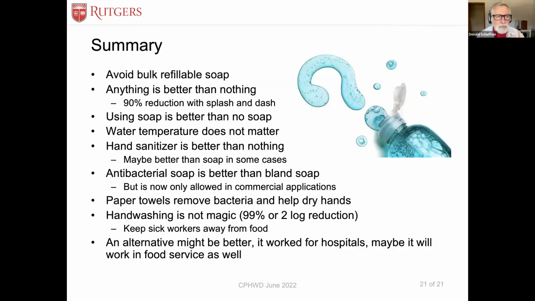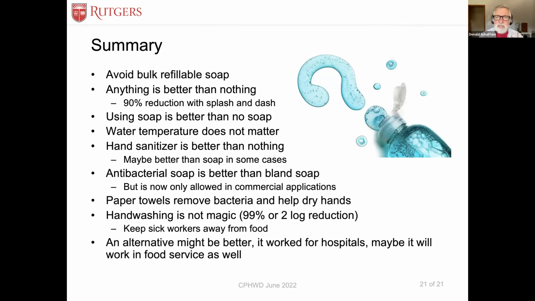All right, so let me just give you a summary in maybe no particular order except increasing number of words so that I could make a nice slanty word cloud there with my nice graphic there on the right. My advice to you, if you're asking for it, is you should avoid bulk refillable soap.